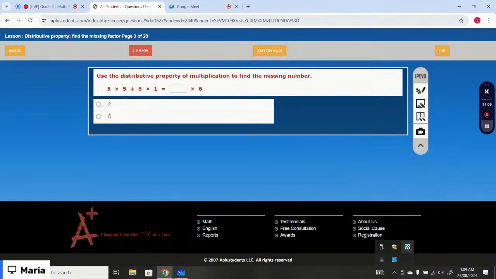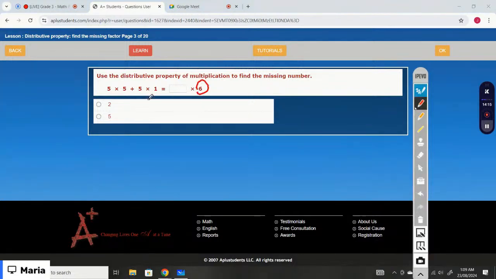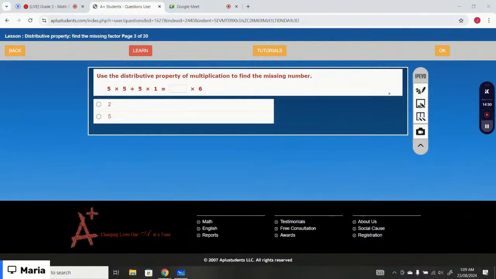The missing number is, that is 5 times 5 plus 5 times 1. So here this 5 is the common number, and inside the bracket you have 5 plus 1. So 5 plus 1 is 6. Here you have 6. So this number is 5. The correct option is 5. So the missing number is 5. Option number 2 is the correct option. For which question are you writing option number 1?